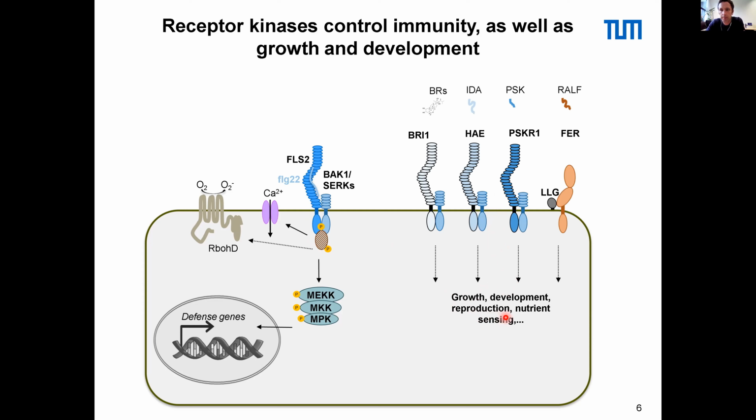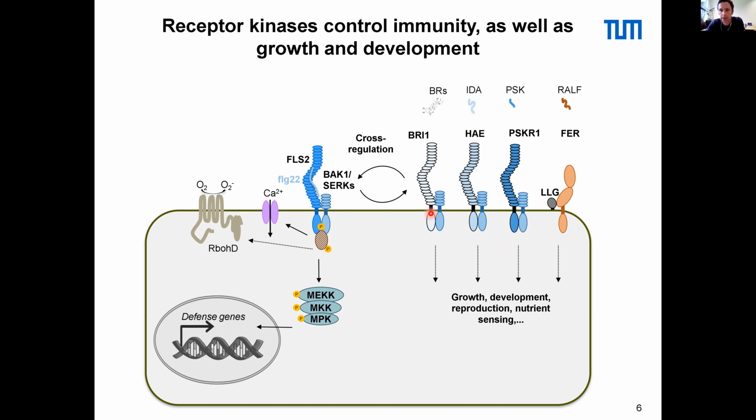And they do this by perceiving endogenous signaling molecules, including, for example, the famous brassinosteroid growth hormone, or a plethora of different endogenously produced plant peptides, which then bind to these receptors to activate signaling pathways mainly involved in growth and development. But to increase complexity, there's emerging evidence from the last years that these primarily growth-related receptors, together with their endogenous ligands, also fine-tune or modulate signaling conferred by these pattern recognition receptors during plant innate immunity.